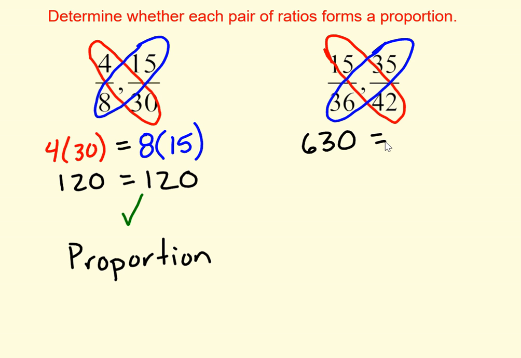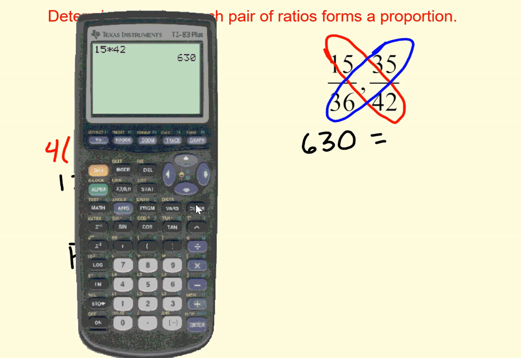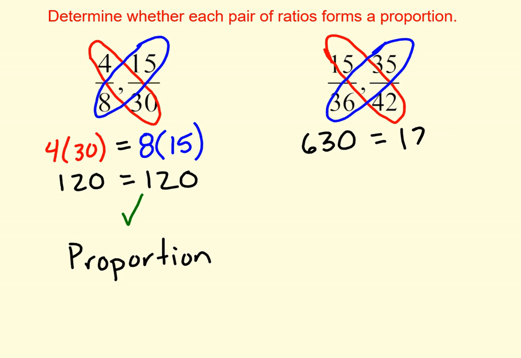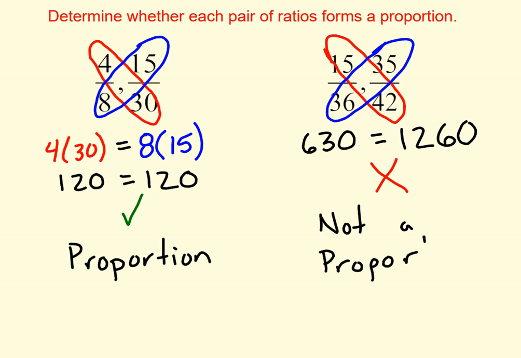And we go ahead and do 36 times 35, which equals 1,260. Those are not equal to each other, so we would say not a proportion. Also put a slash right through the equal sign showing that they are not equal to each other.